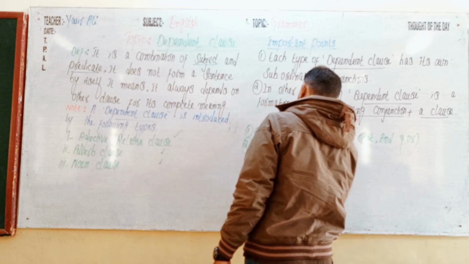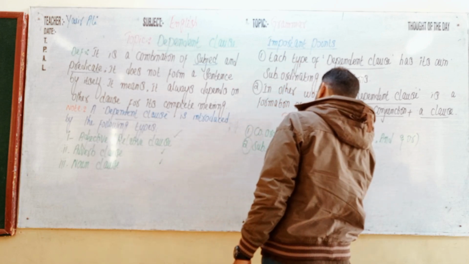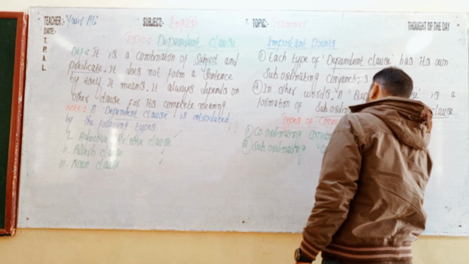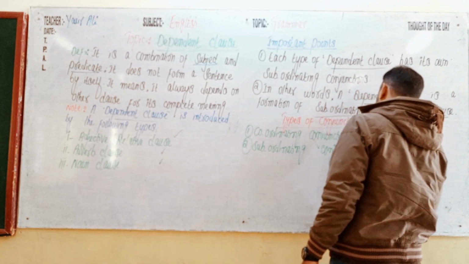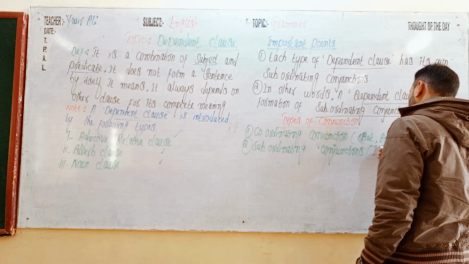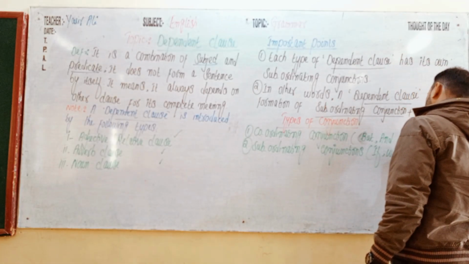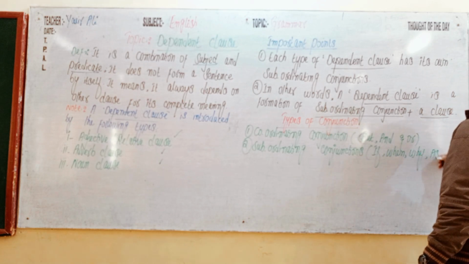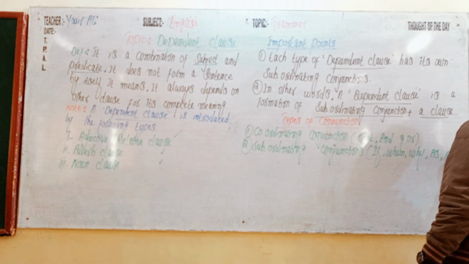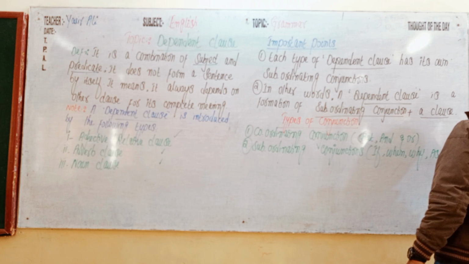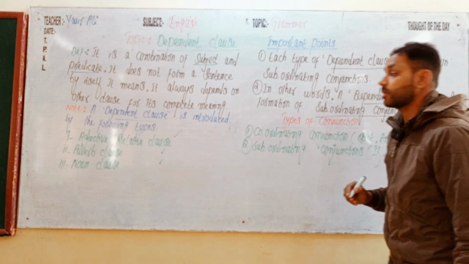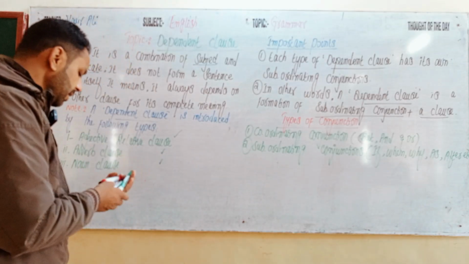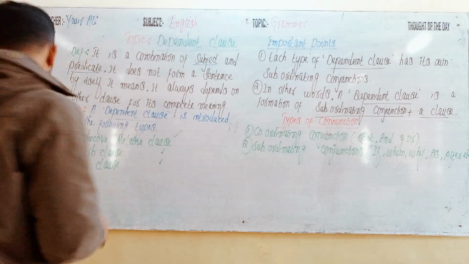And the second type is subordinating conjunctions. And there are so many. Some of them I can write: if, when, why, as, after, etc. There are so many subordinating or subordinative conjunctions. Now I'm going to discuss the very first type, and that is coordinating conjunctions.